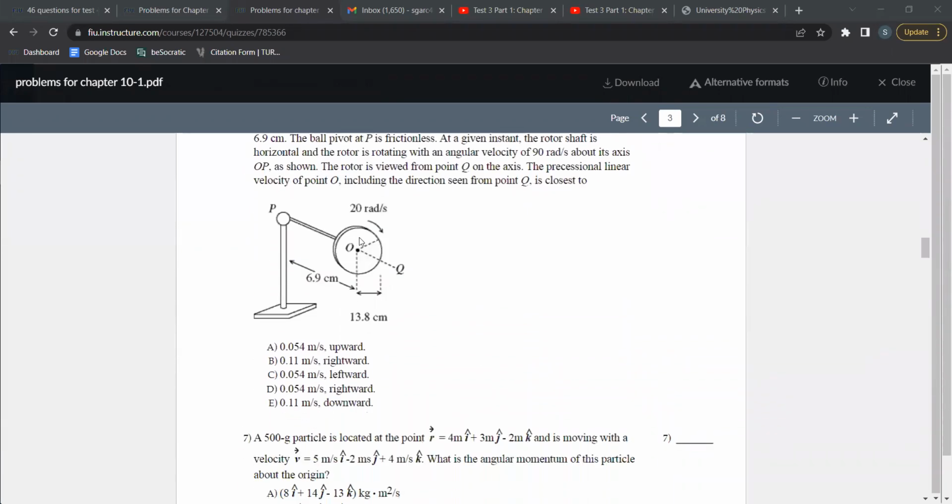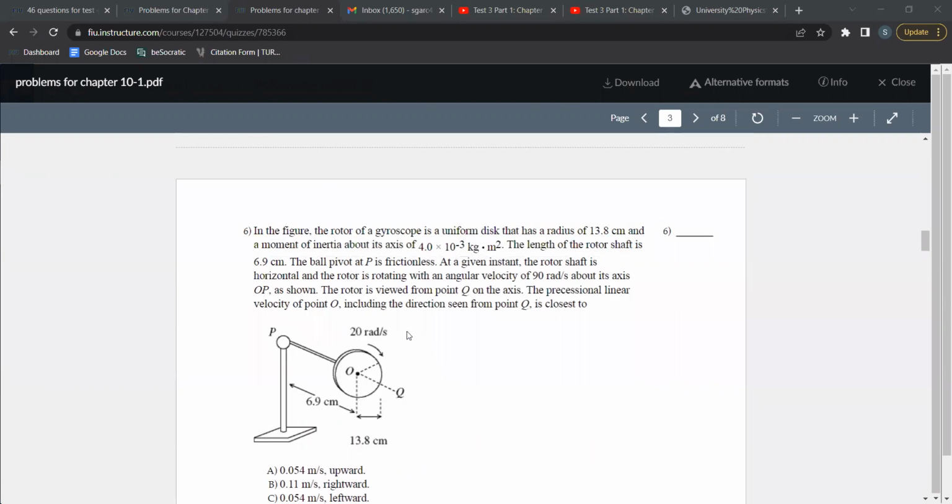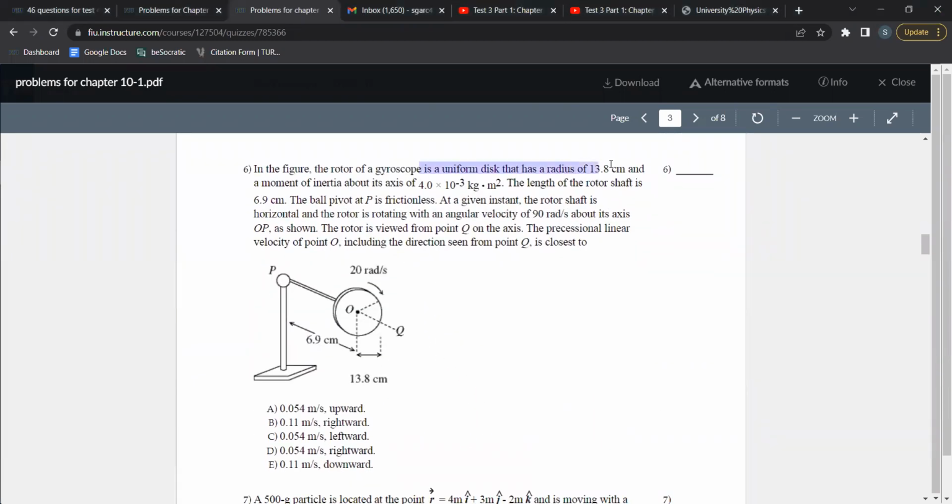Okay, this one will be fun. So in the figure, a rotor gyroscope with a uniform disk has a radius of 13.8 centimeters and a moment of inertia about its axis of 4 times 10 to the negative 3 kilograms per meter squared. The length of the rotor shaft is 6.9 centimeters, and the ball pivot at P is frictionless.